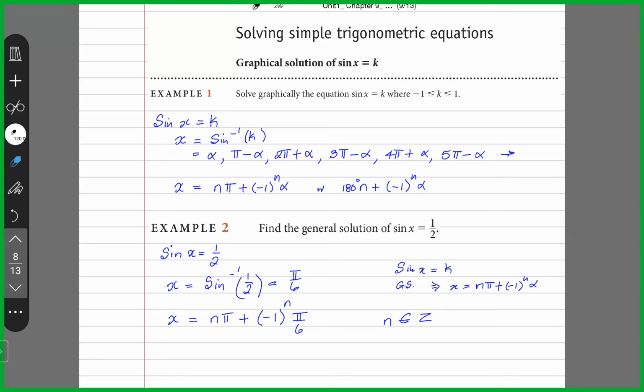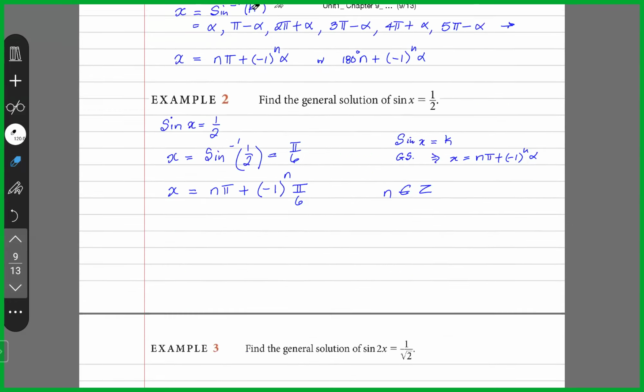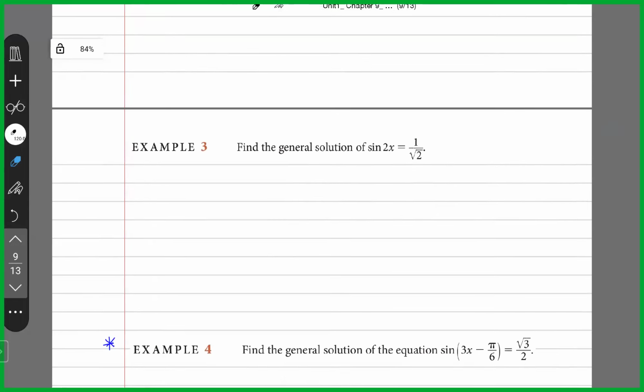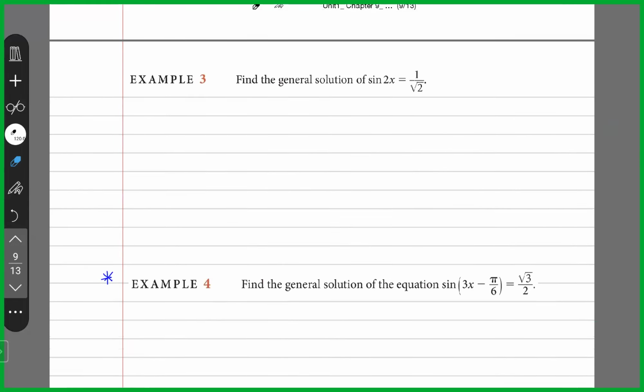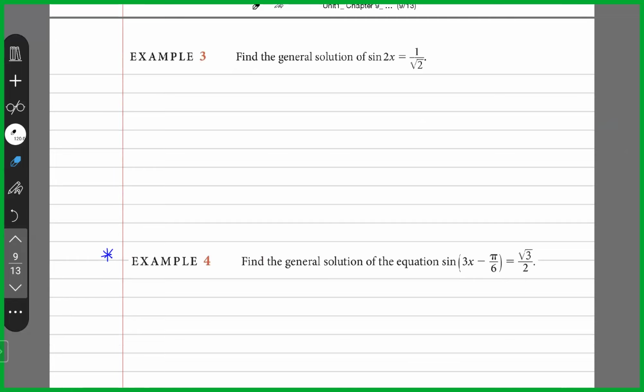So let's have a go at example 3, and then example 4. Example 3 says, find the general solution of sine 2x is equal to 1 over root 2. So let's start off. Sine 2x is equal to 1 over the root of 2.